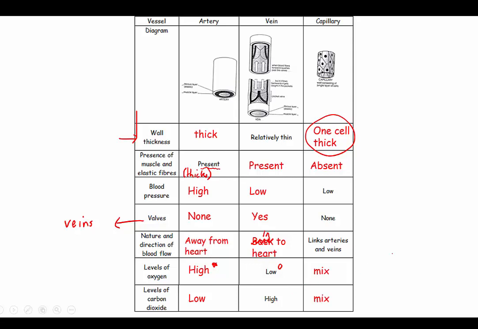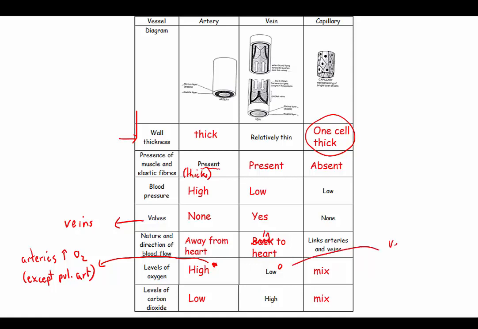Now, the reason why we're putting this little star here is because usually arteries have lots of oxygen, except the pulmonary artery, which we'll look at in the next part.